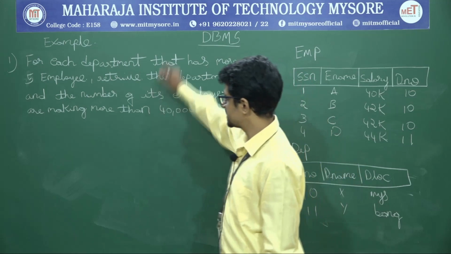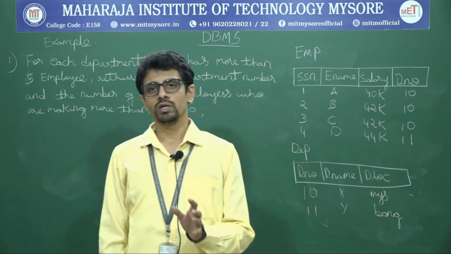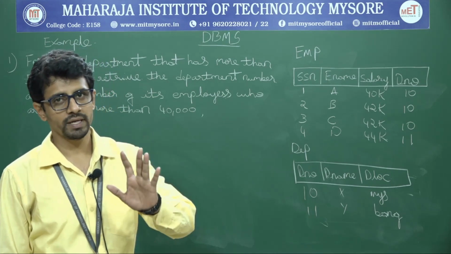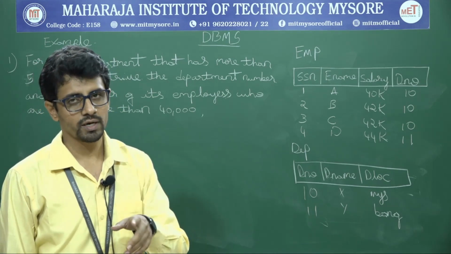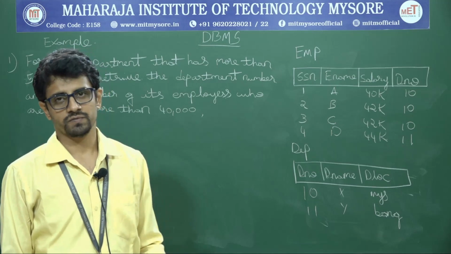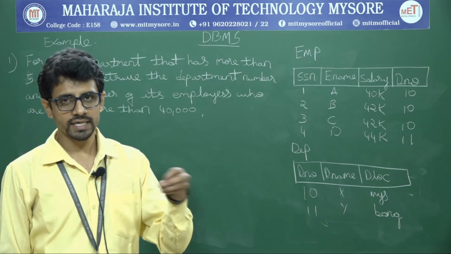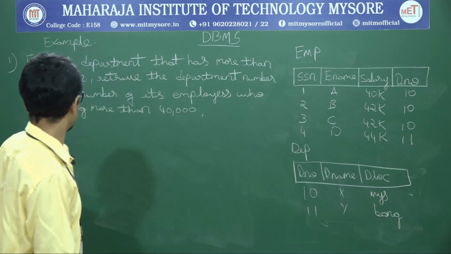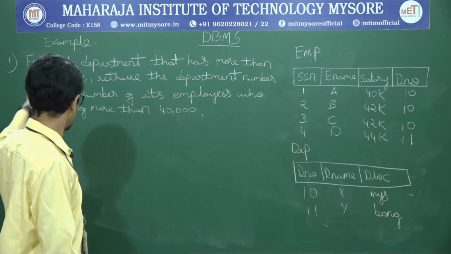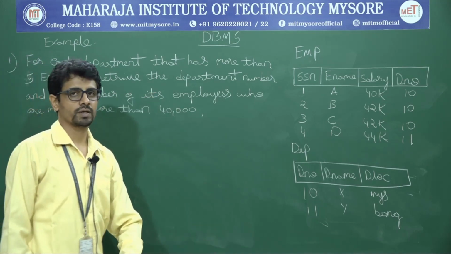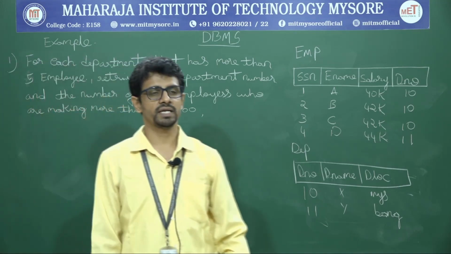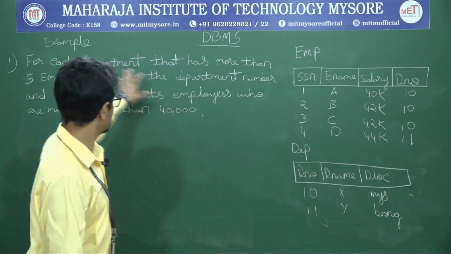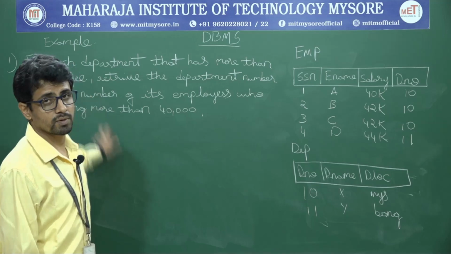The first thing you need to understand here is that only for those departments where more than 5 employees are working, take those department numbers first. Next, in the departments where more than 5 employees are working, display the number of its employees who are making more than 40,000. For example, in department number 10 I have 6 members, so department number 10 has to be selected from the first rule, because it is more than 5.